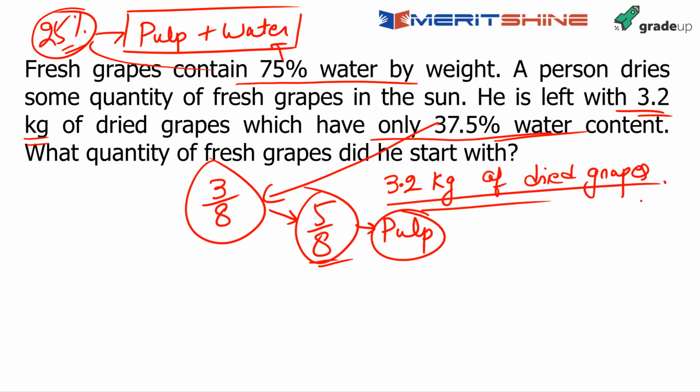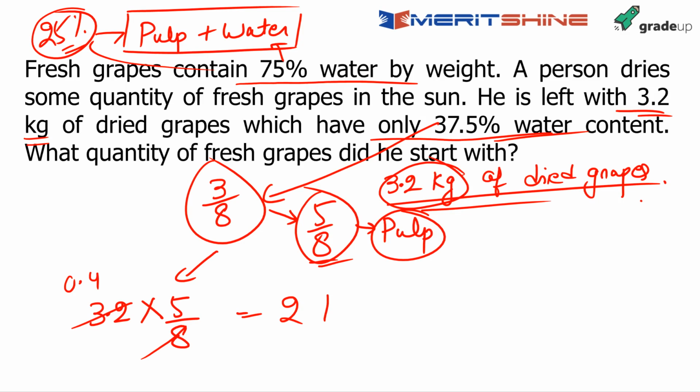So out of this 3.2 kilograms of dried grapes, the quantity of pulp is 5 by 8. Let me write it down separately. My pulp here is 3.2 into 5 by 8. 8 into 4 is 32, so this is 0.4 because a decimal place is there, and this becomes 2.